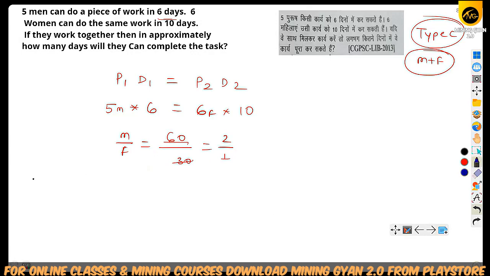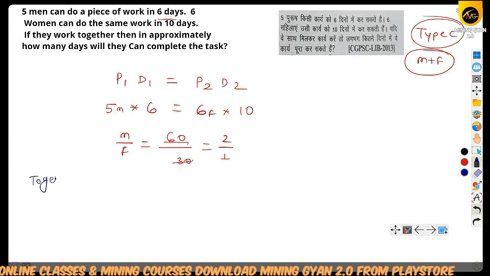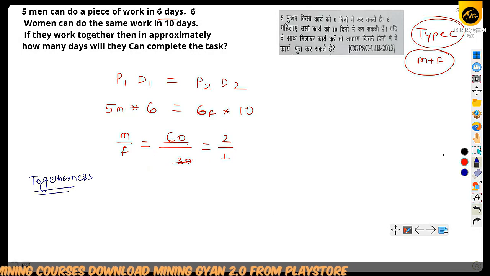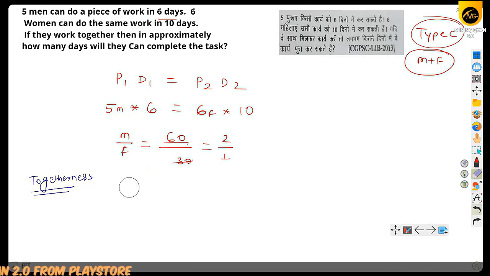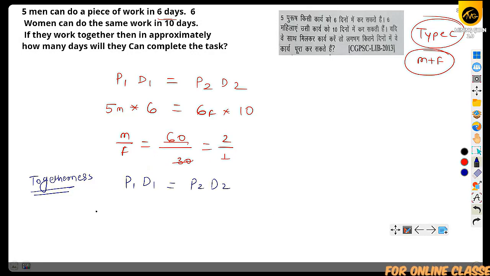Now the next condition is called togetherness. What condition will form when they work together? So for togetherness, again we have to use a similar kind of formula. P1 D1 is equal to P2 D2, right?